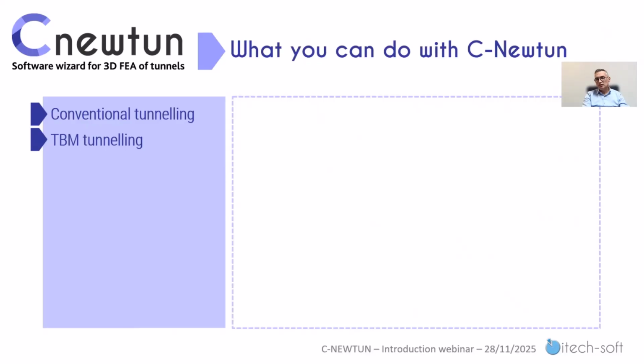So what you can do with C-NEWTUN? Nowadays, in the actual version, you can generate conventional or TBM tunneling. The software is proposed to generate finite element 3D studies from A to Z, so from geometry to the results.